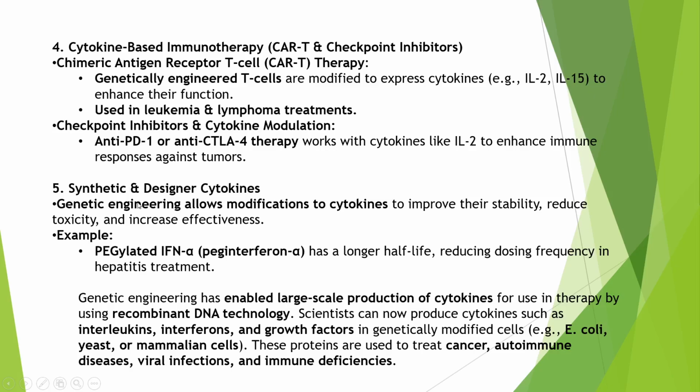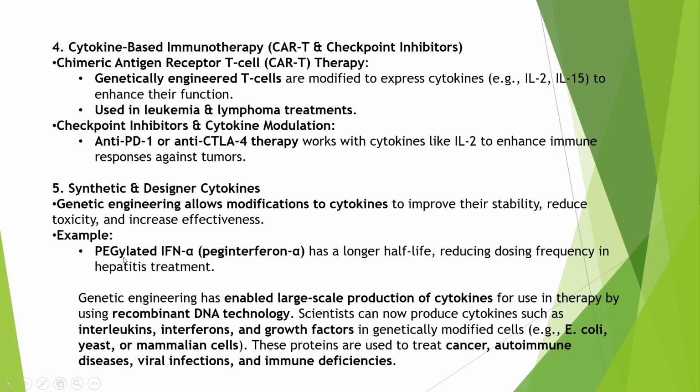Then synthetic and designer cytokines. So genetic engineering can also be done to modify the cytokines. That is, it will help improve their stability and reduce their toxicity directly by changing or modifying the cytokine itself and increase their effectiveness.